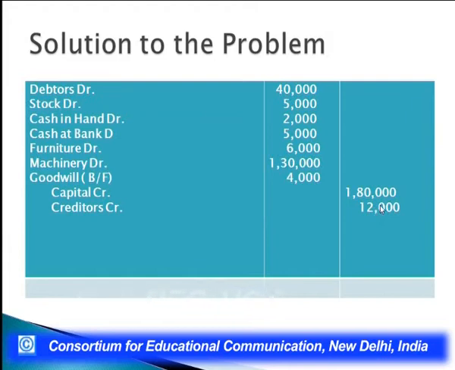So the point I am trying to make is that we can actually calculate capital or goodwill, whatever is applicable as per the given data in the question, with the help of the opening entry if not given. If you have been given the capital value and the opening entry as well as your goodwill, then in all possibilities the values would match.